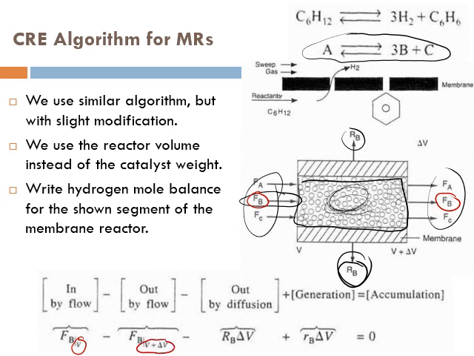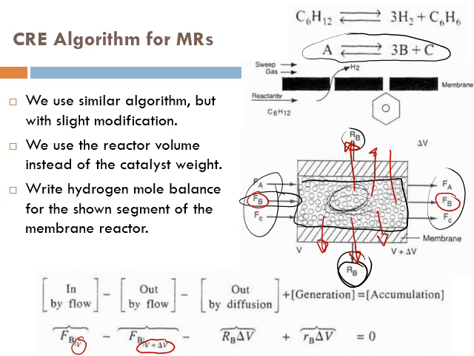What else? Well, it's also exiting through diffusion, right? Hydrogen is exiting through diffusion. So how do we quantify this? Well, we quantify it by what's known as capital RB, which is the rate of diffusion per unit mass.